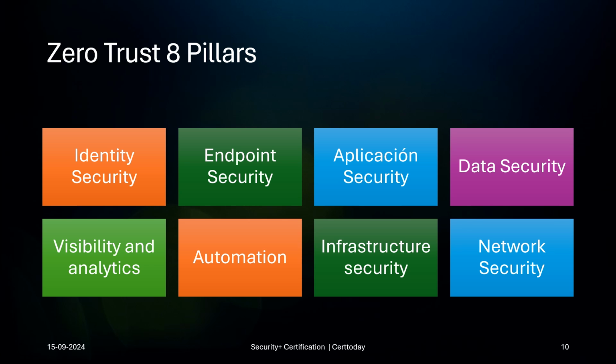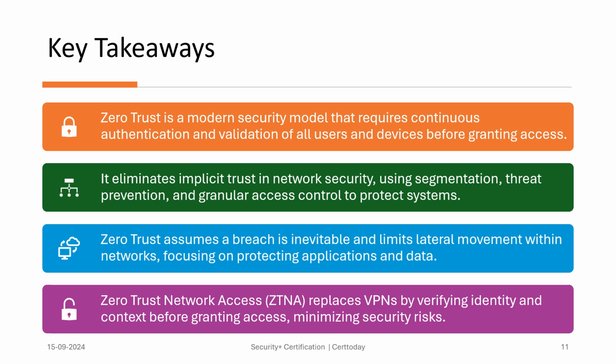And these are the zero trust eight pillars. All right, so finally we got to the end of this session. This is a long session. There's no way that you can shorten this because zero trust is complex. There's a lot to it, and as I said, it's a very obscure concept. It's new compared to the traditional way we have done things.